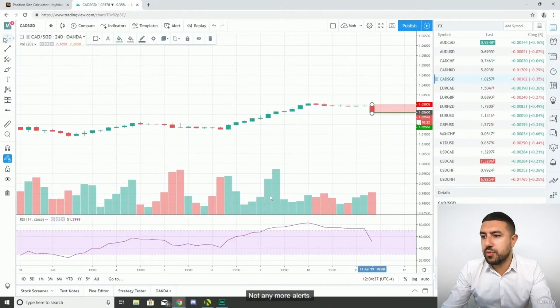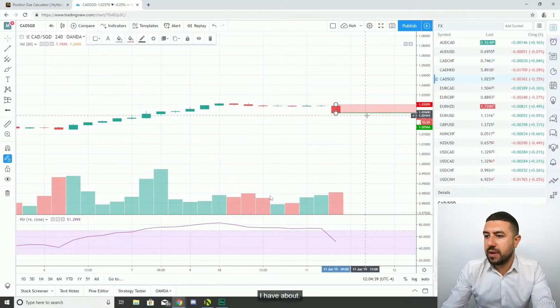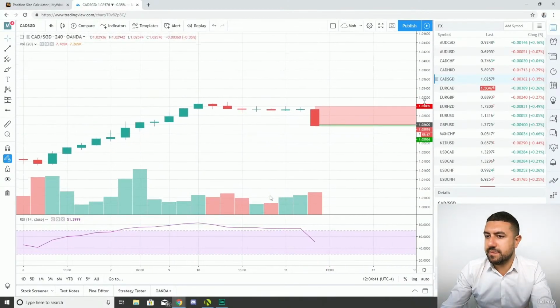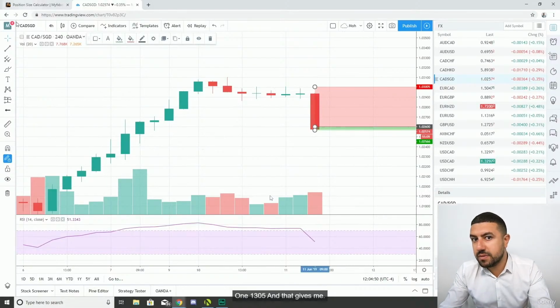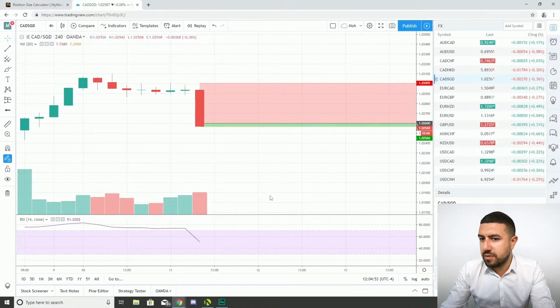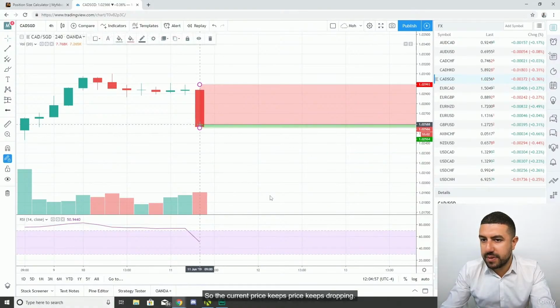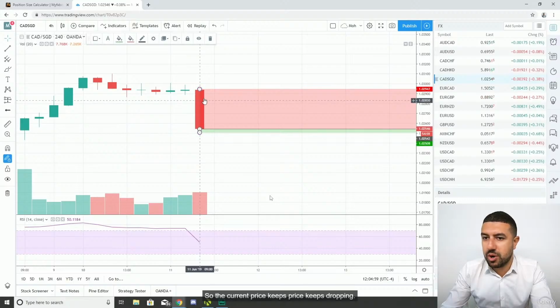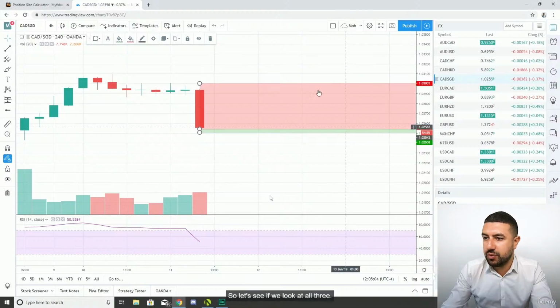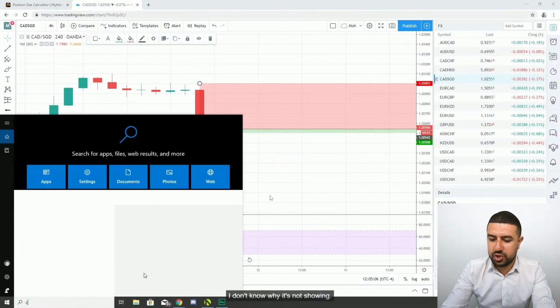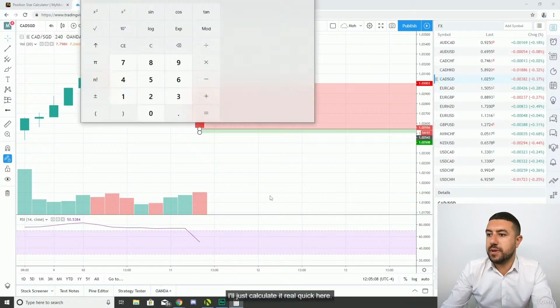I have about 1305, and that gives me, where's my entry price? Okay, so the current price keeps dropping. Okay, 1303. I don't know why it's not showing. I'll just calculate it real quick here.